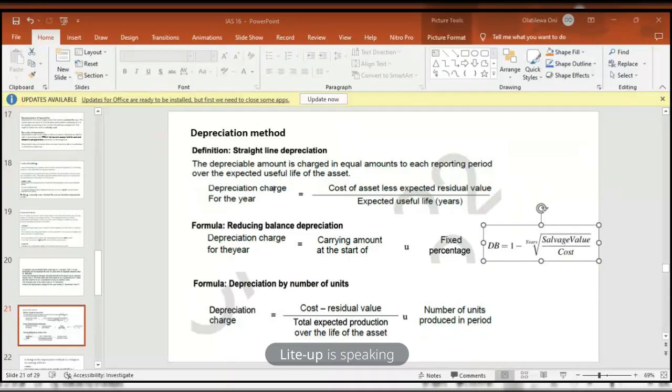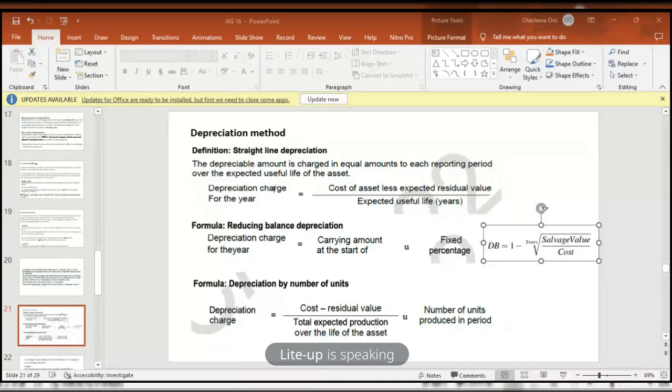If they tell us the depreciation will be charged for 5 years, and they give us the rate for 5 years, the rate definitely will be 20%. Now, we have cost, residual value, depreciation charges.